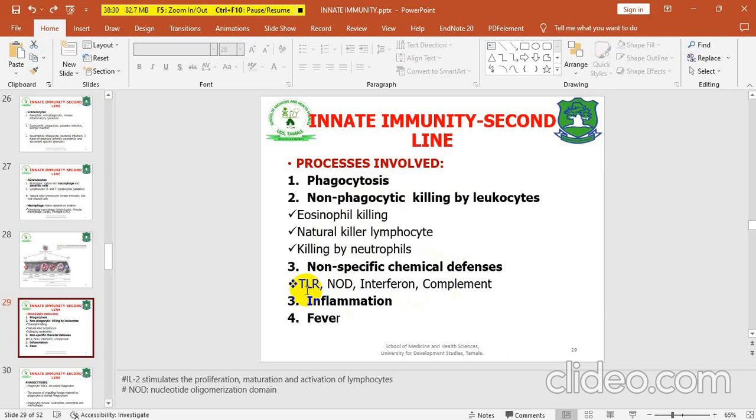We use the toll-like receptor, the nod-like receptor, interferon, complement to provide the non-specific. Non-specific means that you cannot identify the type of microorganism you are killing. You are just killing anyone that comes without identifying whether this is a virus or this is a bacteria. We also have inflammation mediating the second line of defense. We also have fever, high temperature. When your temperature is high, it means that the heat that is produced will kill the microorganisms.